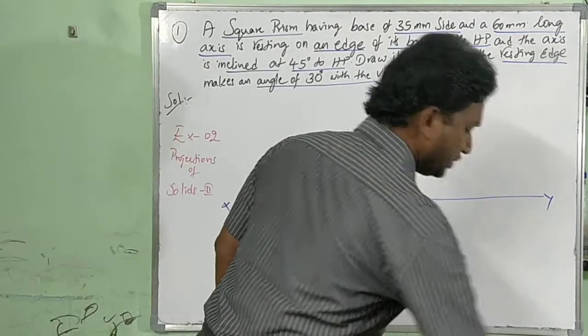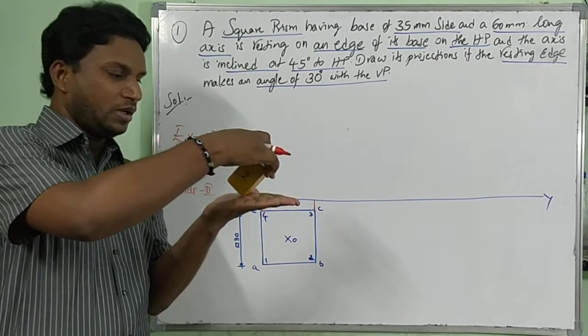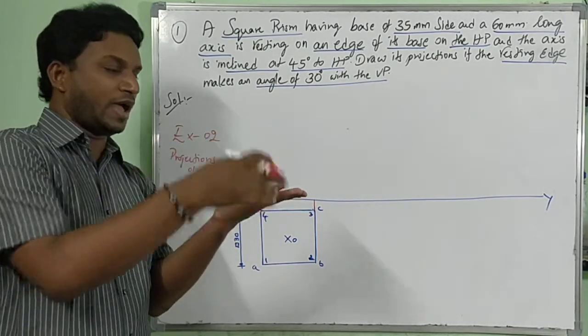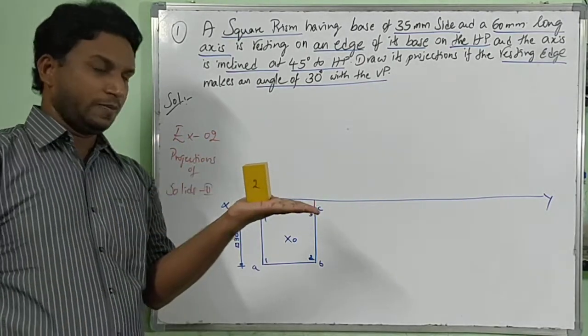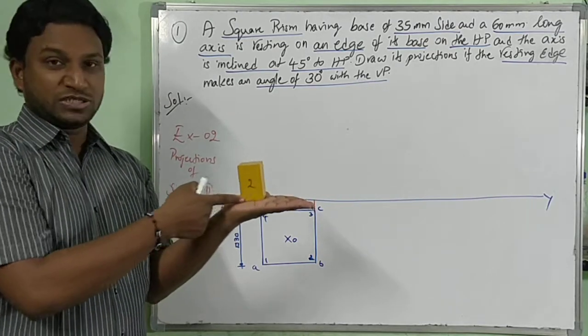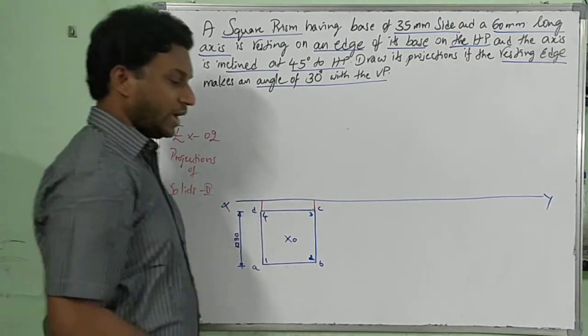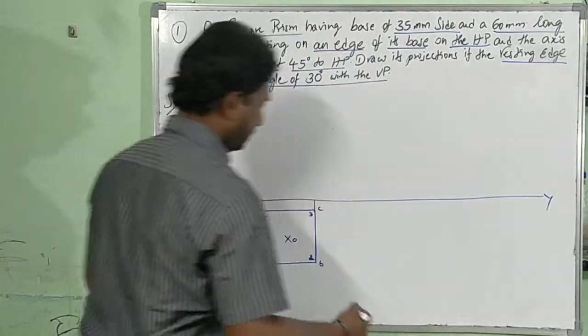Now the initial position is that one of the edges is on HP, but when I have taken or removed the angle, it is totally resting on HP. That means the base should be on HP. Base should be on HP means your line should start from the XY line.